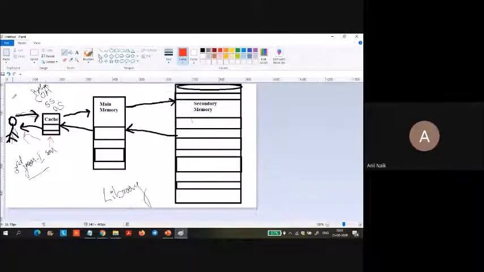Next, one more person will come, like Madhuri. Madhuri will also issue some books, for example system software. Again the librarian will issue the books because they are available near him, near these racks.